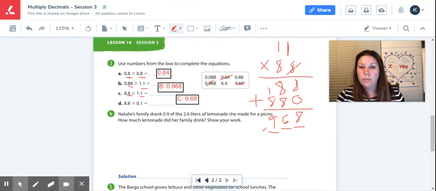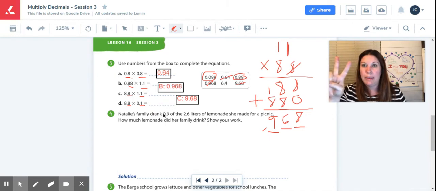All right, we just have one more, and that is 8.8 times 0.1. Well, I'm going to tell you right now, 8.8 times 1 is going to be 8.8, right? So 88 times 1 is going to be 88. So our 2 answers left are either going to be this one or this one. That's what we have to decide now. So we have 1 space after the decimal here, and 1 space after the decimal here.